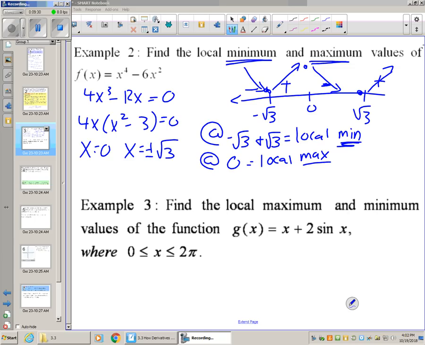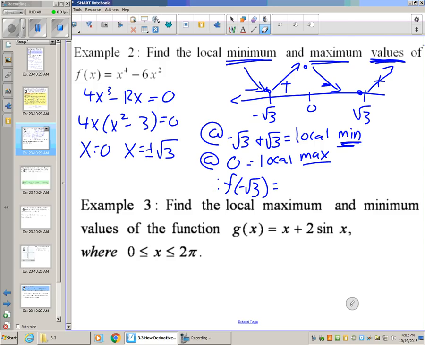It is asking us for the values though. So if I want to know for the max, okay, I'm going to plug negative square root of 3 in for x. I'm sorry, this is not for the maximum, this is for the minimum. So if I wanted to know the minimums, I could plug negative square root of 3 in for x, and the value I get would be my minimum value.